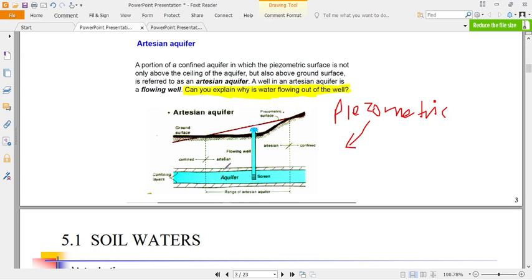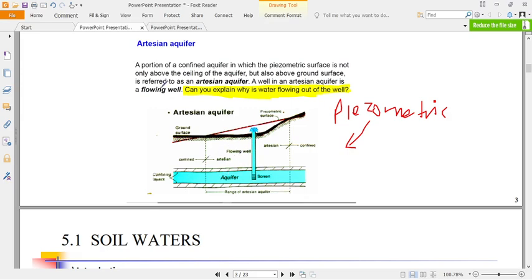If this layer wasn't here, water would rise to this. This would be the hydraulic line, what we call the flow line. The hydraulic line gives us a hydraulic gradient, which allows water to flow.